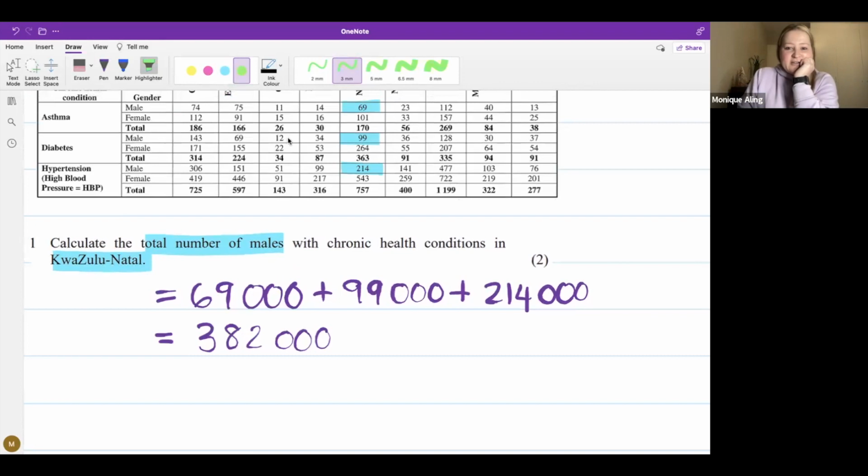Okay, so just to help, because it might be a bit hard with your screen, diabetes, we are looking at this row. These are the totals for everyone with diabetes. Okay, so they asked us to look at diabetes specifically and work out the range. How do we work out the range?